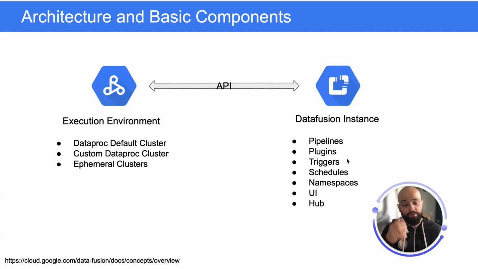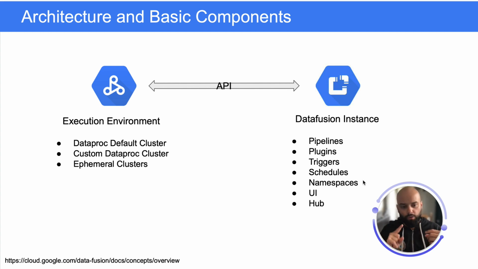This is where we create triggers for our pipelines. This is where we create schedules. You can schedule for every day or for every night, for every hour. We can have the concept of namespaces inside the same instance.